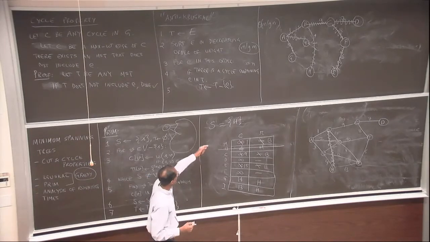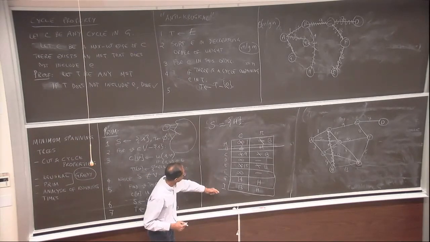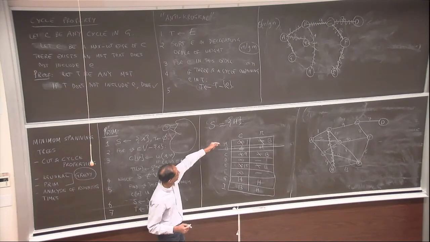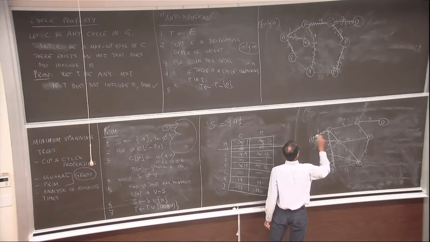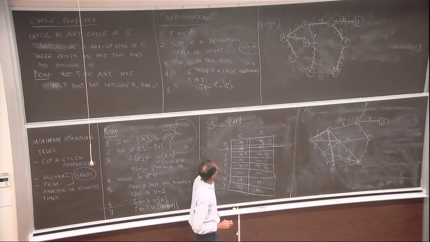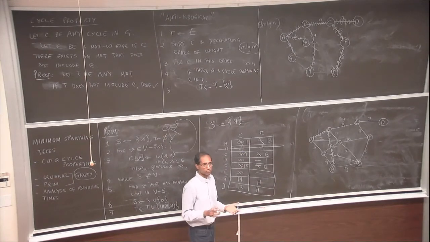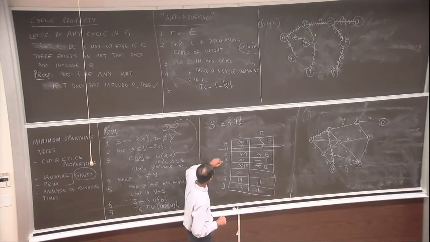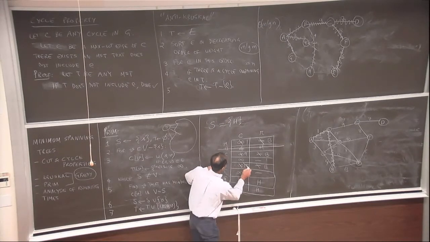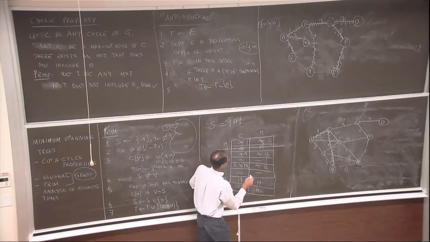Now we will pick the minimum number from this. Which is the minimum number? A. So we're going to include the edge B to A, and then now we will examine all the edges out of A. The edges out of A are A to E, which beats 15, so it's 3.